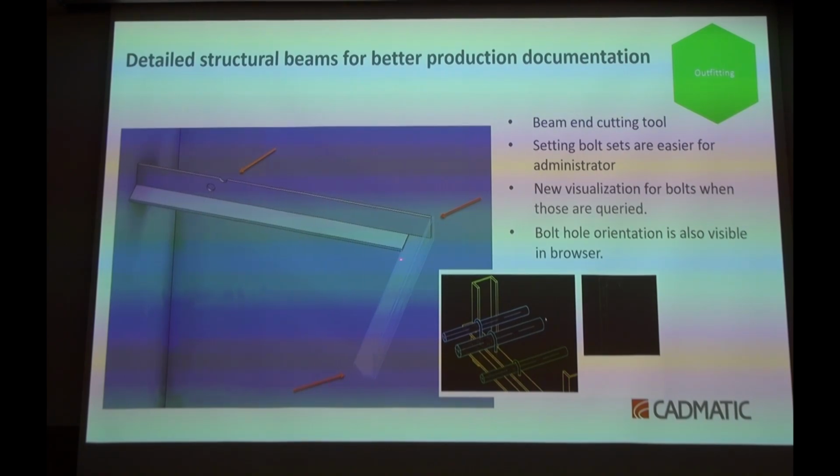Snipings, cutting with other objects: you can see two beams, and it cuts along the actual seam line, so when you make a production drawing you can see the actual cuttings. Holes, of course: once you have isometrics and support drawings, you can see the holes and dimension them for easier production documentation.